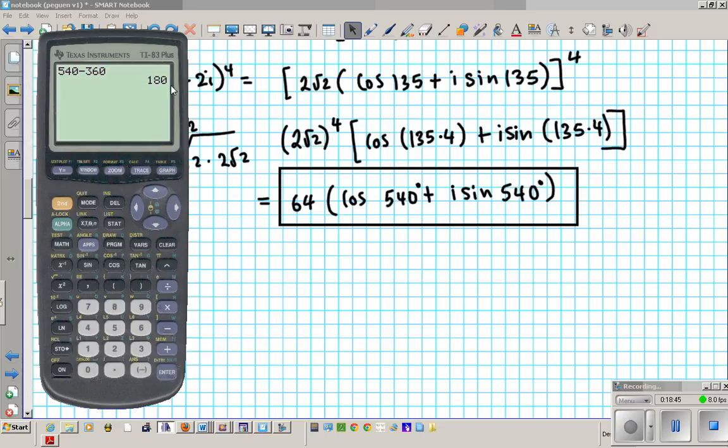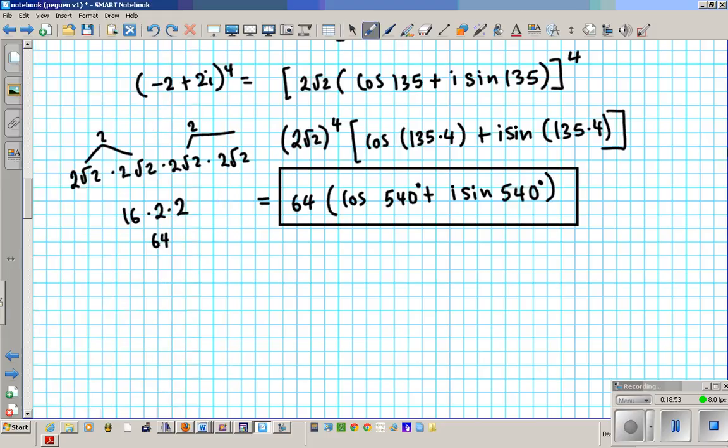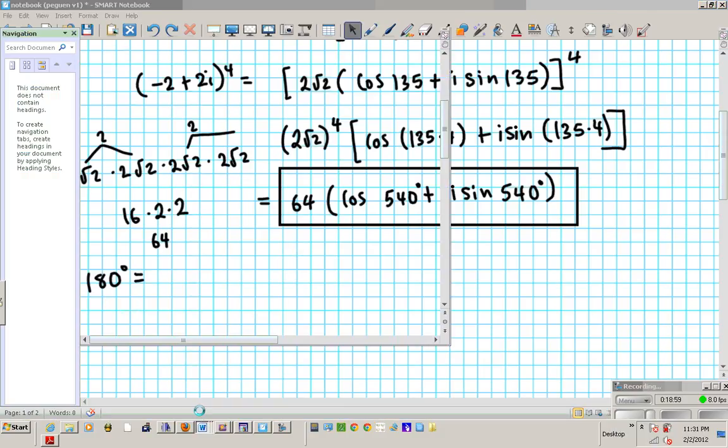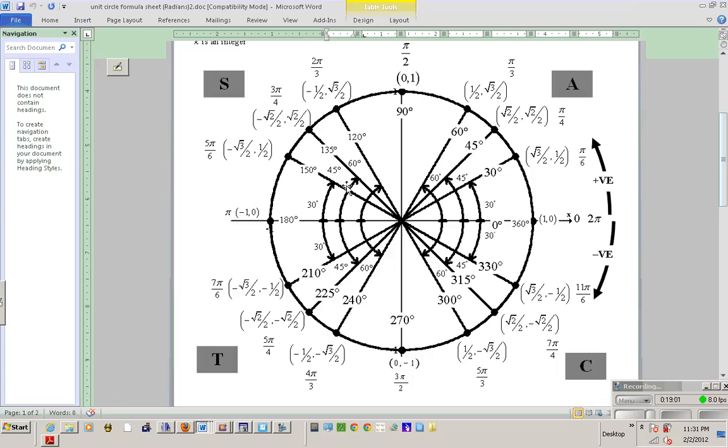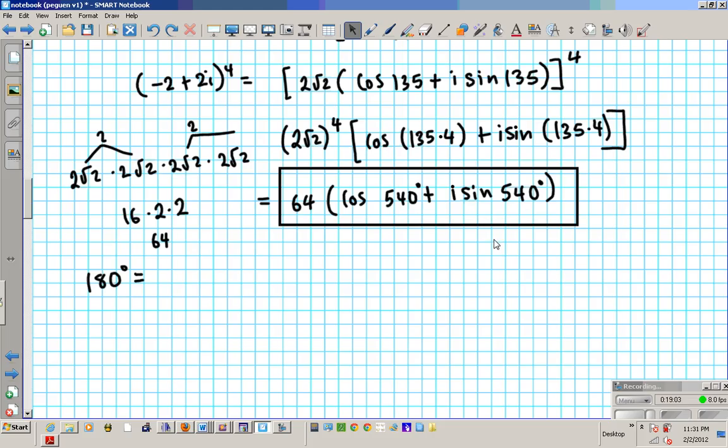Okay, so if I subtract it, 180 is between 0 and 360. So we can use 180 as our point. Alright, so is 180 on the unit circle? Of course it is. 180 is on the left side of the x-axis, right? So negative 1, 0. So the coordinates are going to be negative 1, 0.